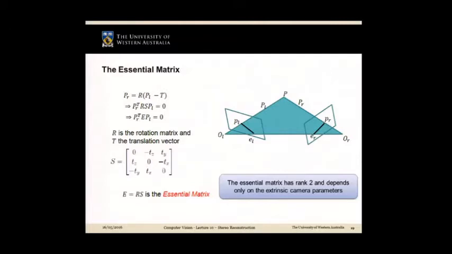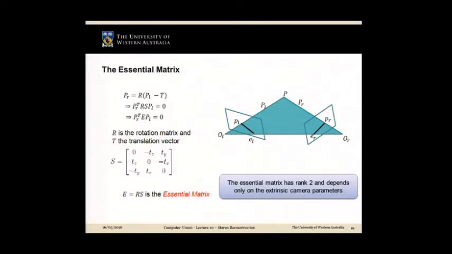And just to get rid of that minus sign, you can write your vector T in matrix form. And S is just a matrix representation of your vector T. We are writing it in this form just to get rid of that minus T from that expression.